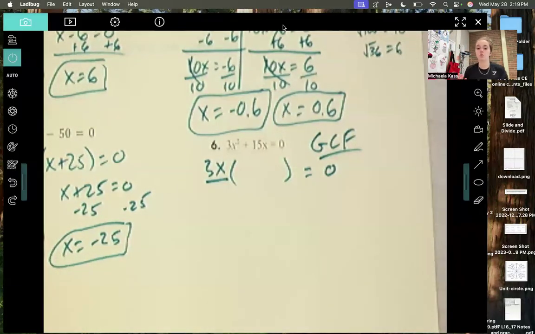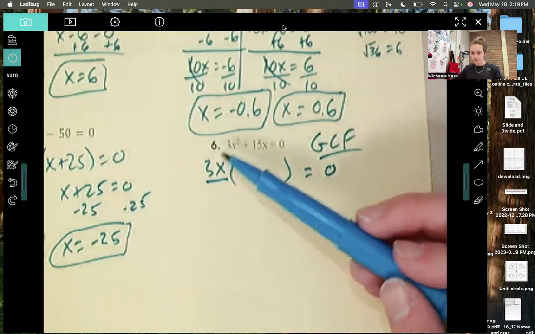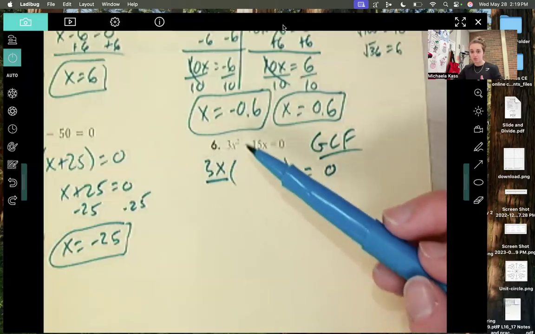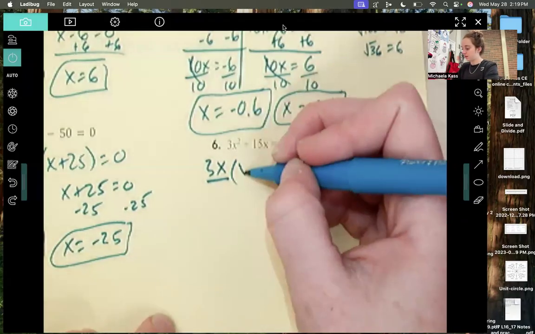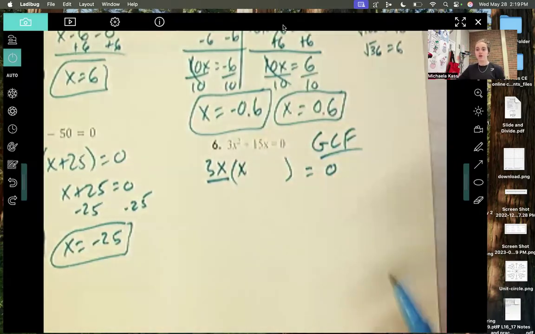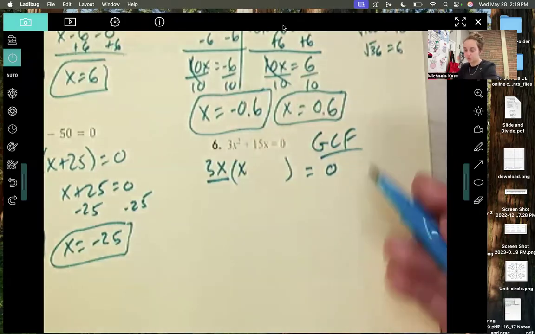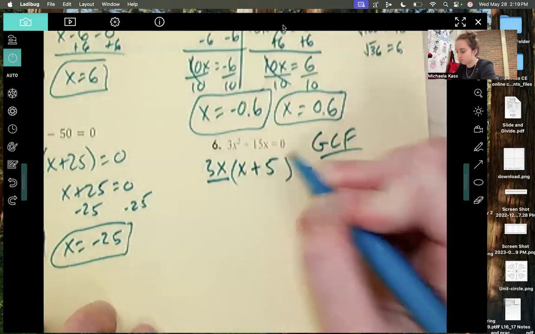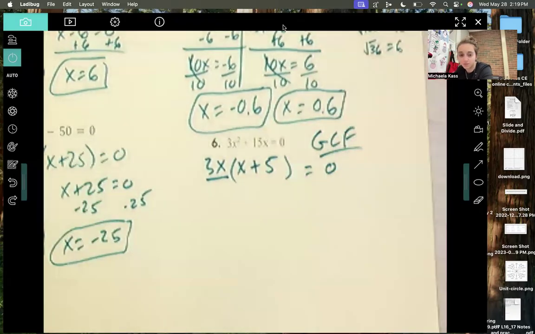And now the question I've helped my students phrase is 3x times what, right? If you redistributed it back, 3x times what gives me 3x squared? They're able to piece together that's an x, right? 3x times what is 15x? Well, 5, right? So if you redistributed it back, you should be able to get the top.